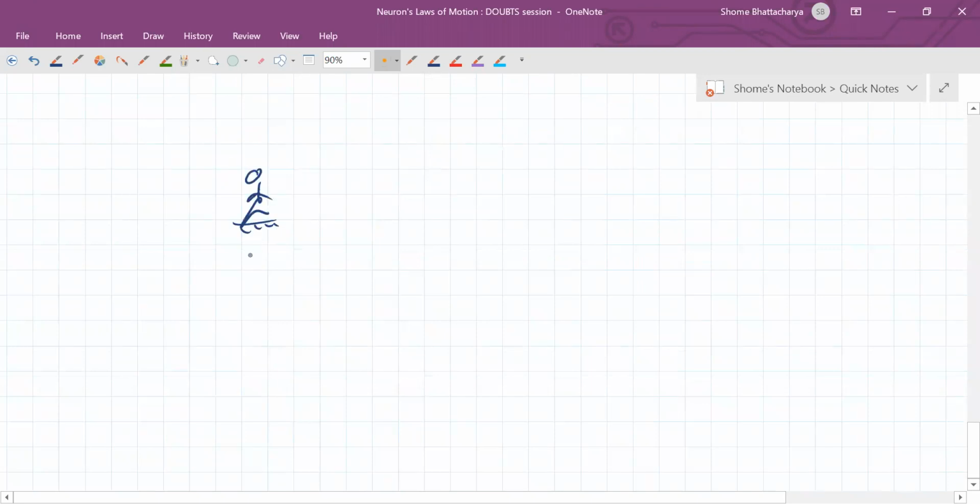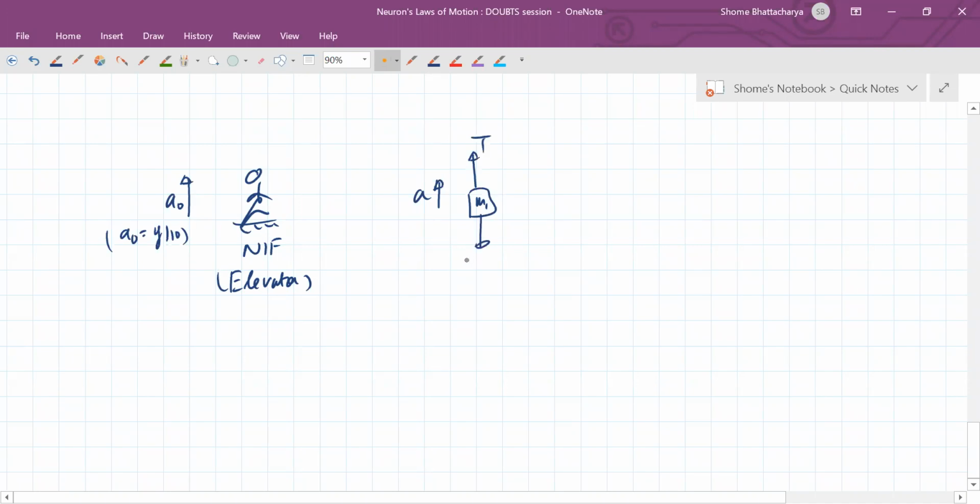So in the non-inertial frame of the elevator, which is going up with an acceleration of a naught, given to us as g by 10, the block M1 is going up with an acceleration because of forces T, M1g and pseudo force. That pseudo force will be its mass into the acceleration of the frame, but in the opposite direction.